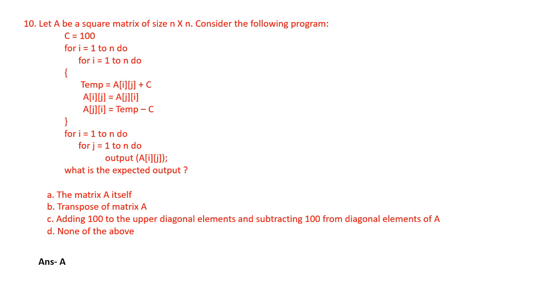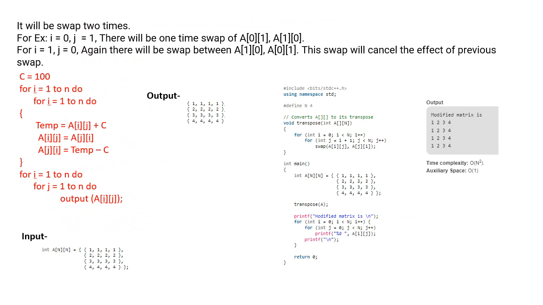Now we will see options A and B, the matrix A itself or the transpose of the matrix. So we will go to the next slide to see the detailed explanation of this question. This is the same code I have written, and this code belongs to the transpose of the matrix, and this is the matrix A itself.